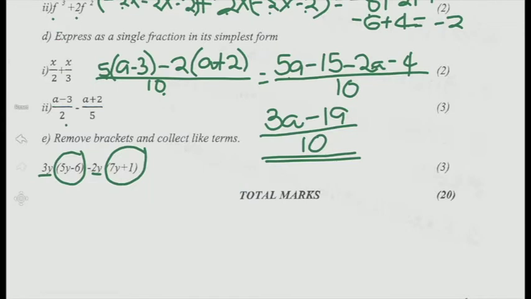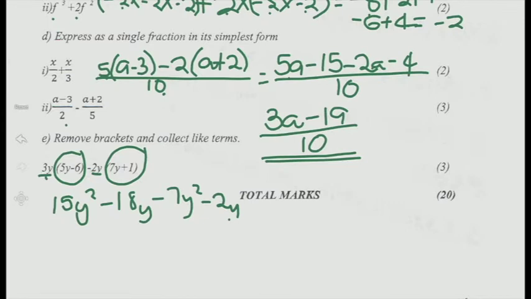So we have 3y times 5y giving us 15y squared. 3y times negative 6, we have negative 18y. Negative 2y times 7y will give us negative 7y squared. Negative 2y times a positive 1 will give us a negative 2y.